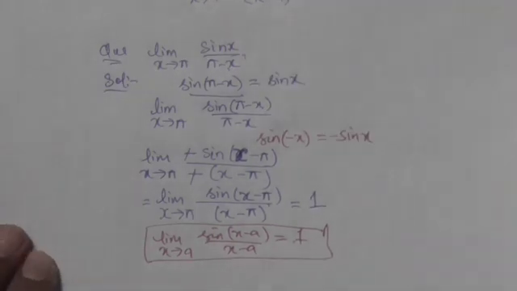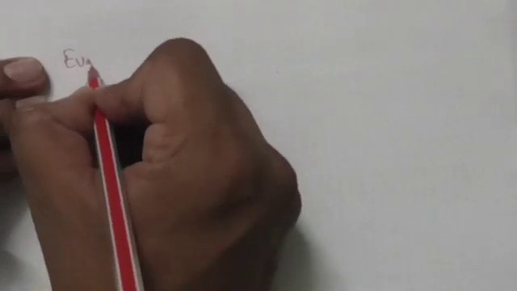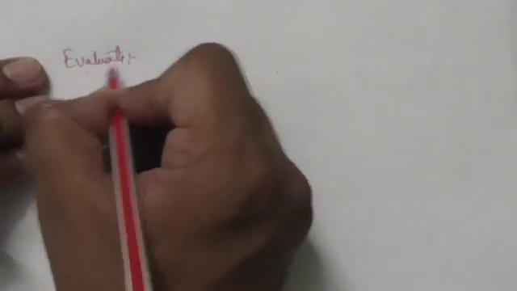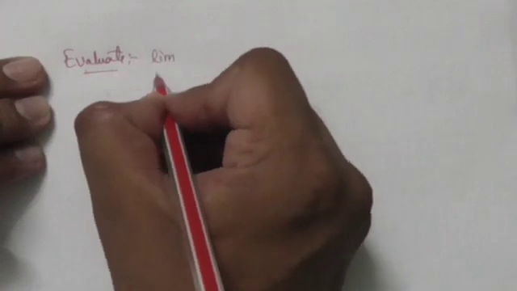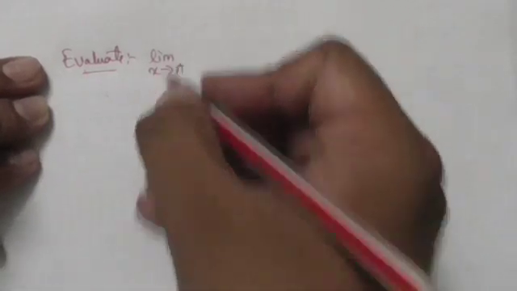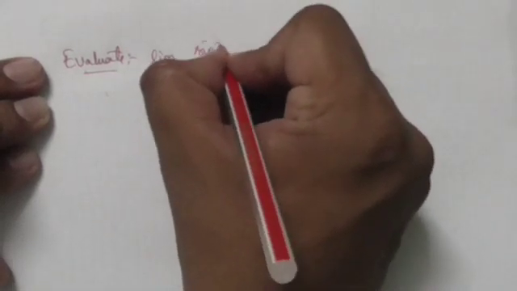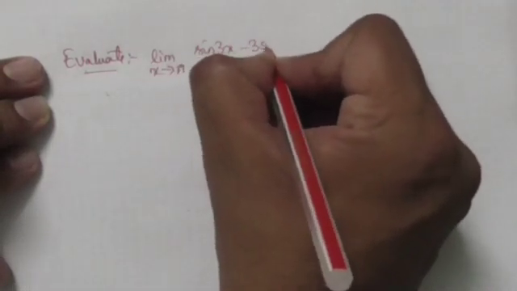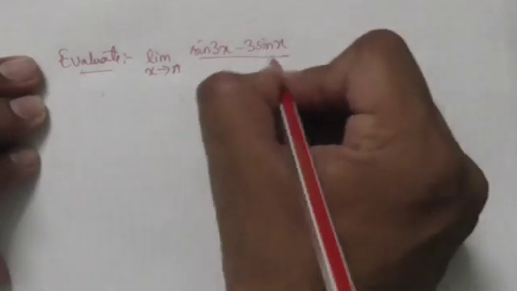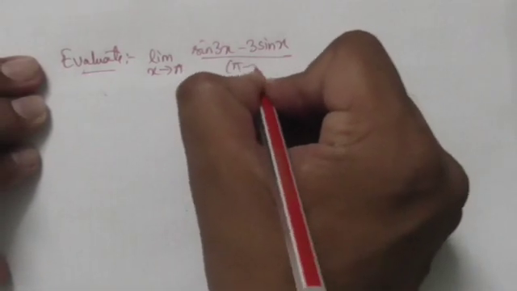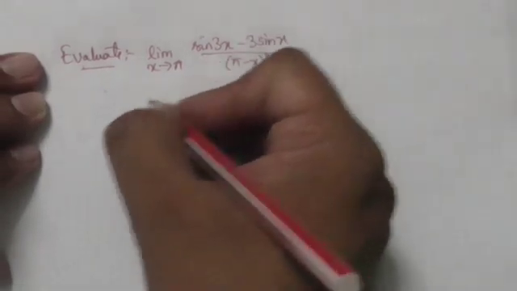Now let us solve another question. Now we have to evaluate limit x tends to pi (sin 3x minus 3 sin x) upon (pi minus x) raised to power 3.